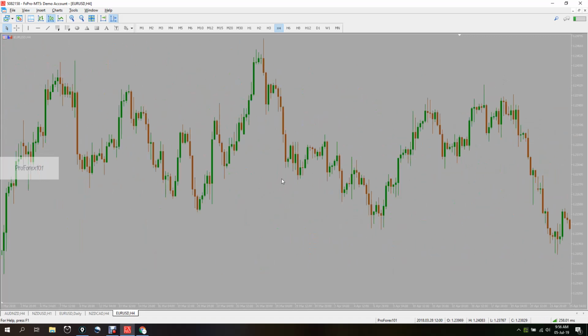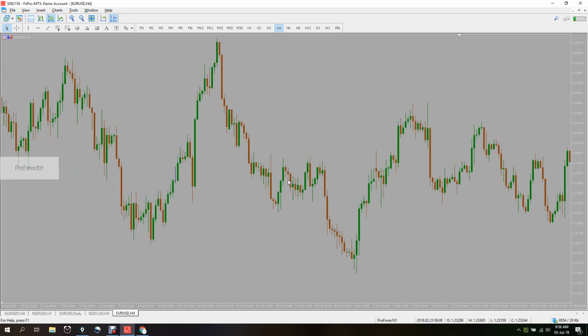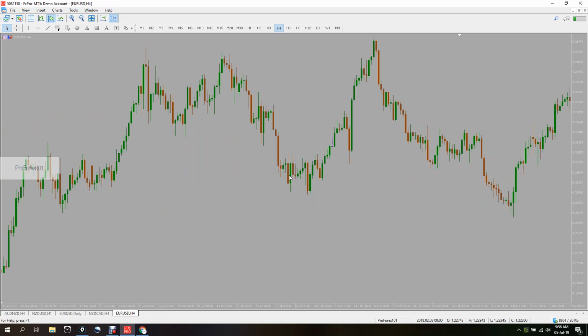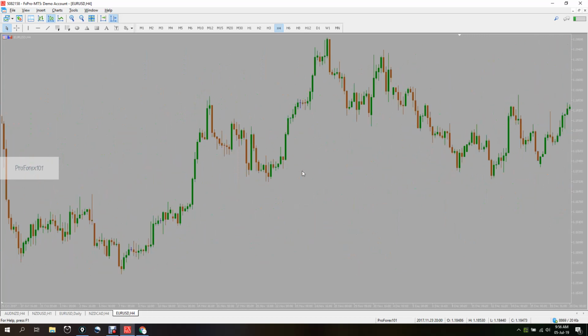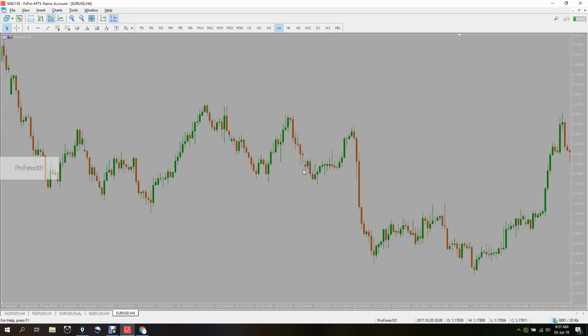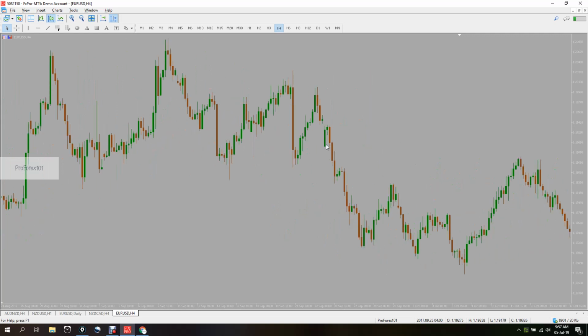Let's look at more examples. These are all proper engulfing signals. With these types where markets do not close below, sometimes they work, sometimes they don't.